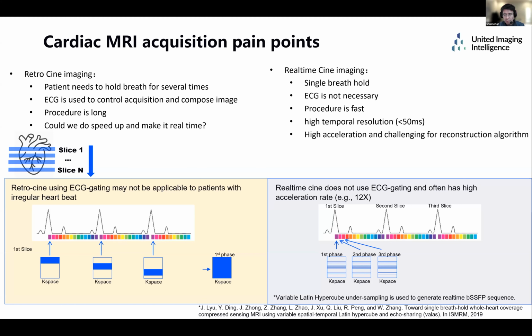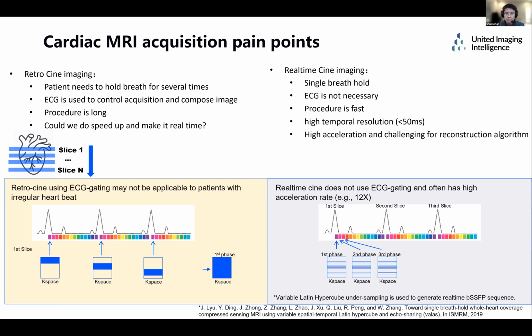Then we can utilize the Fourier transform to recover the data. And we repeat this procedure for every slice. For each slice, the patient has to hold their breath, and the ECG is utilized. Can we speed up this procedure?